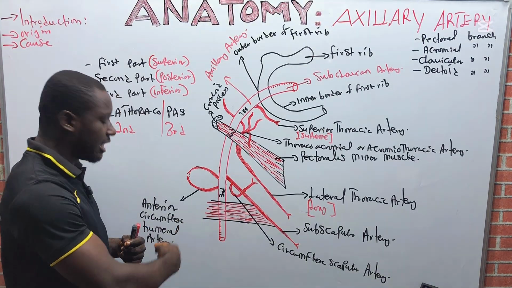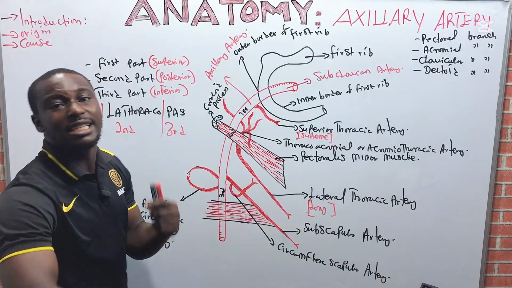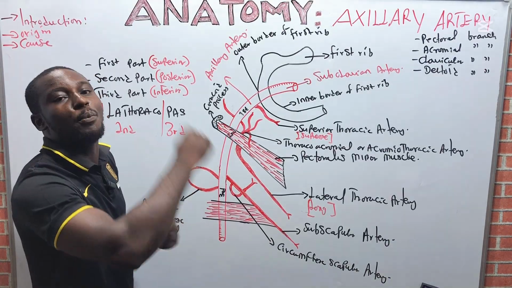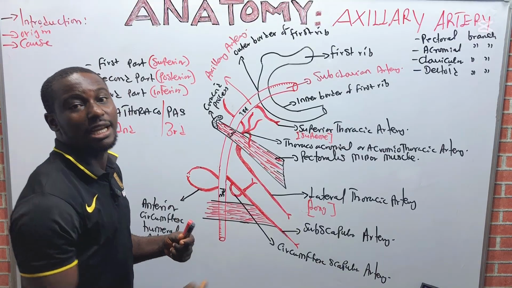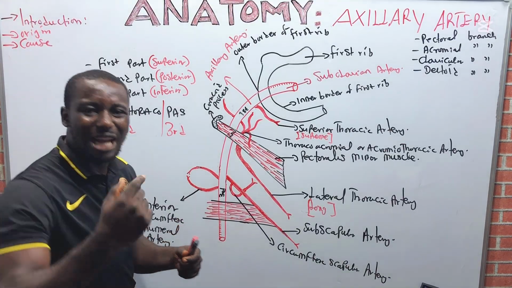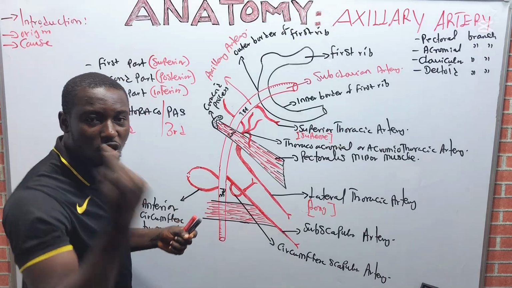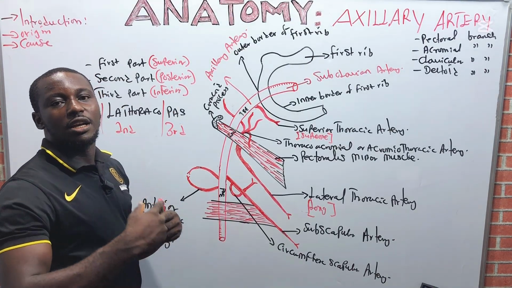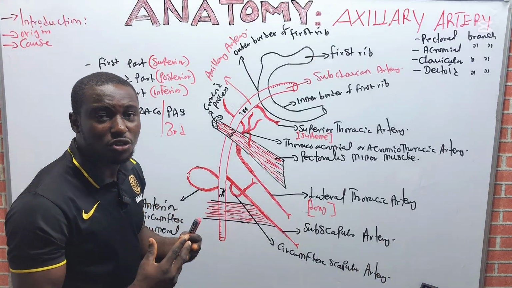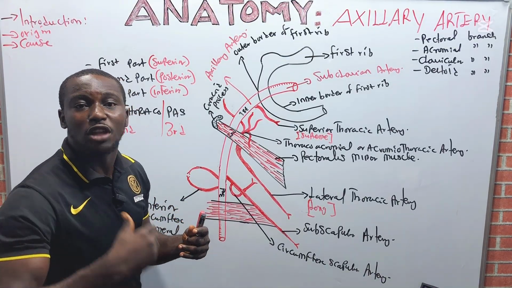The anterior circumflex humeral artery gives off a branch called an ascending branch, which runs upward along the intertubercular groove of the humerus to supply the head of the humerus and the shoulder joint. So it gives an ascending branch which runs along the surgical neck and along the bicipital groove of the humerus.